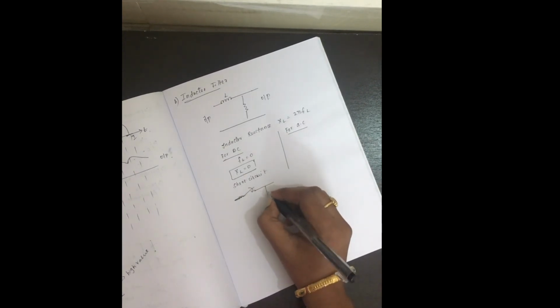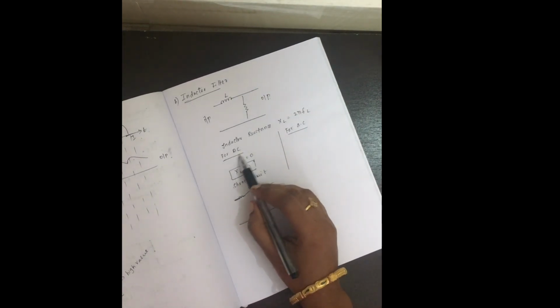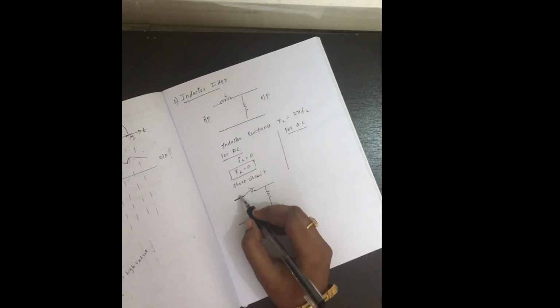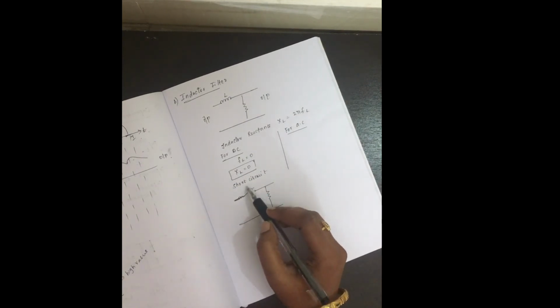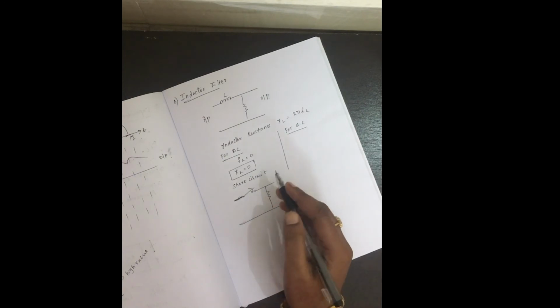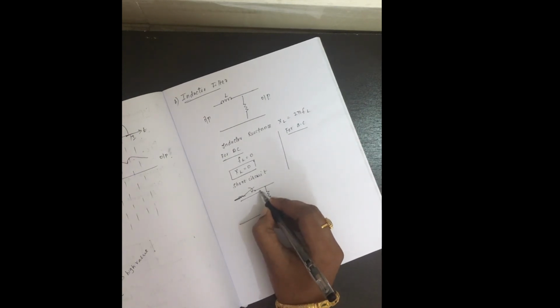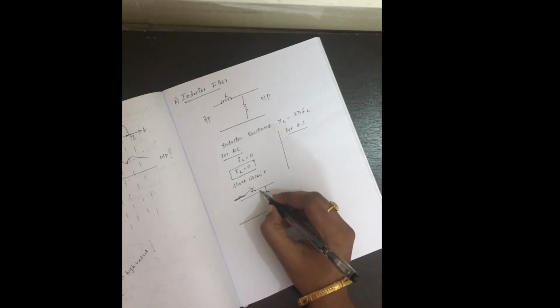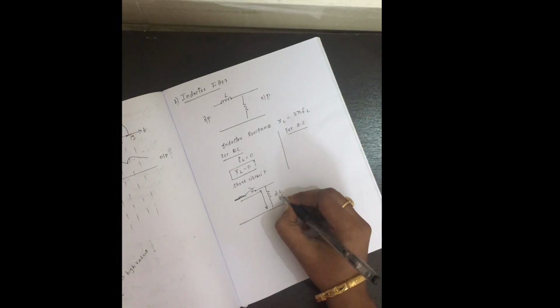So when a DC signal is given, the inductor acts as a short circuit. When it is closed, the DC signal will flow across the inductor and then to the resistor, so you will get a DC output.